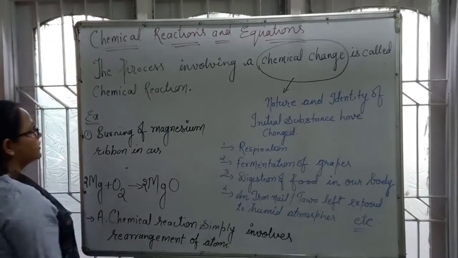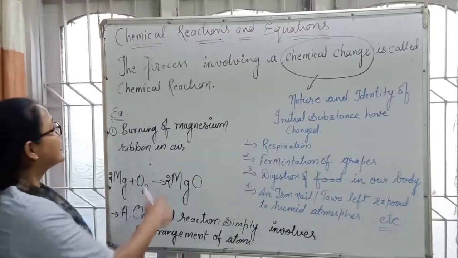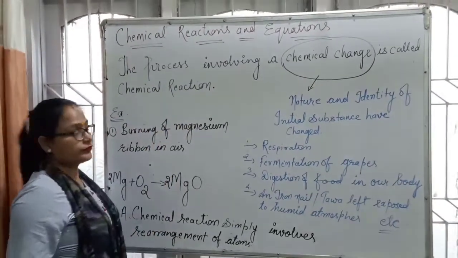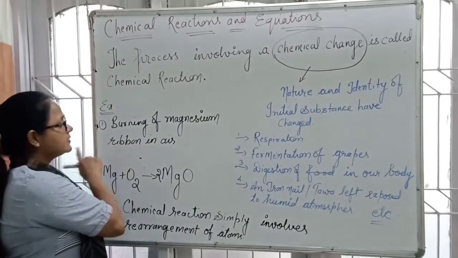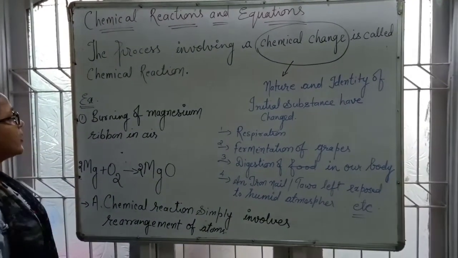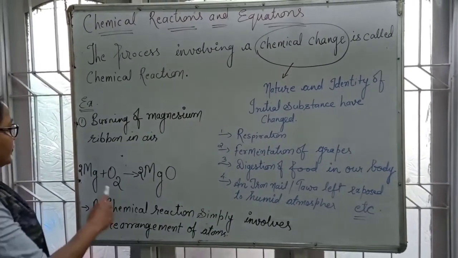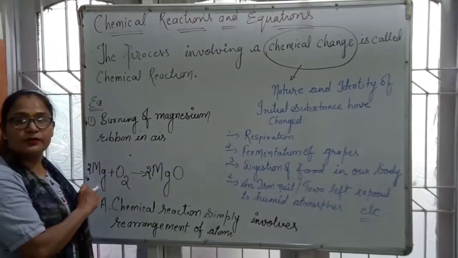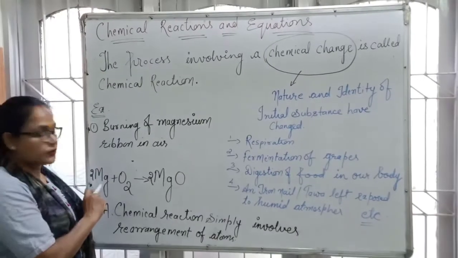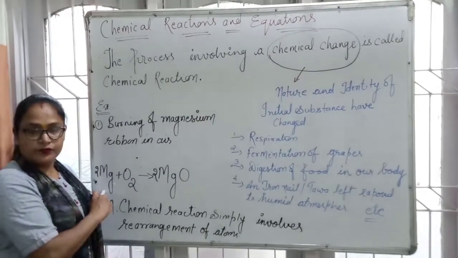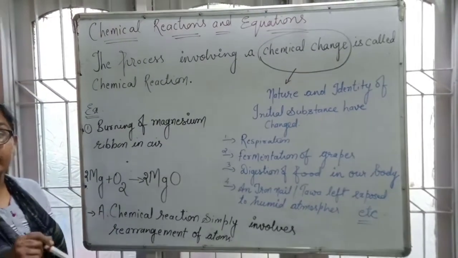Here, if I take an example of a chemical reaction, the best and simplest example is the burning of magnesium ribbon in air. When we burn magnesium ribbon in air, magnesium is Mg.